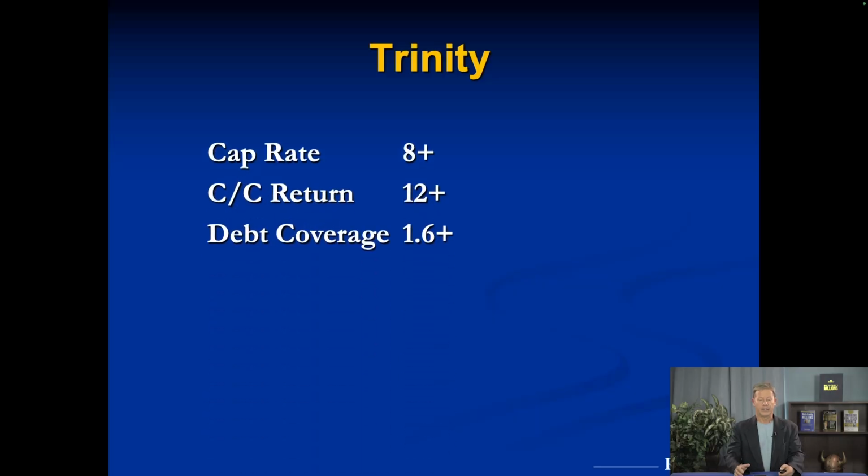And these are those levels. We call it the Trinity, because this is a way to keep you safe. It's a very conservative formula, but it's a way to keep you safe in your deals. And these are for what we call momentum play deals. So the cap rate would be an 8 plus. The cash on cash return will be a 12 plus, and the debt coverage ratio would be a 1.6 plus.